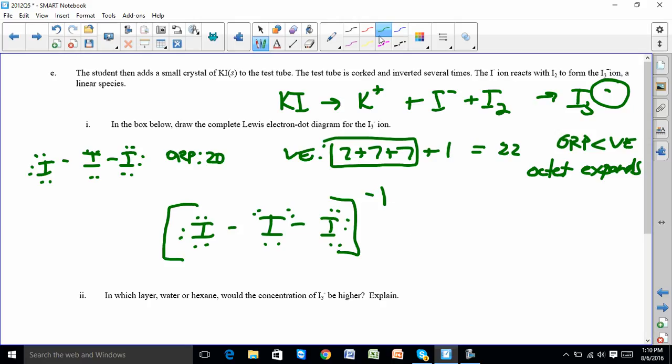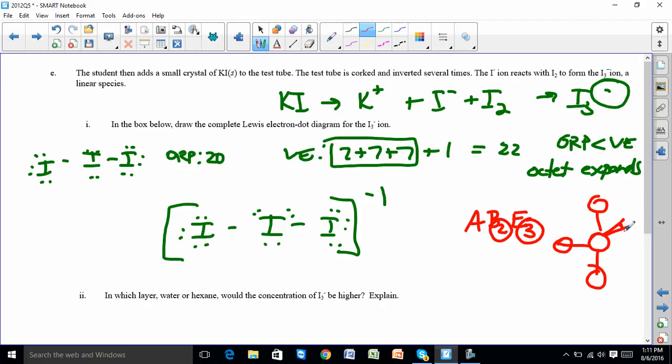Now they did not ask you for this in this question, but it's going to come up in the next question. This is an AB2E3, and remember, 2 plus 3 is 5. So this kind of looks like, here's the North Pole, here's the South Pole, here's the equator.